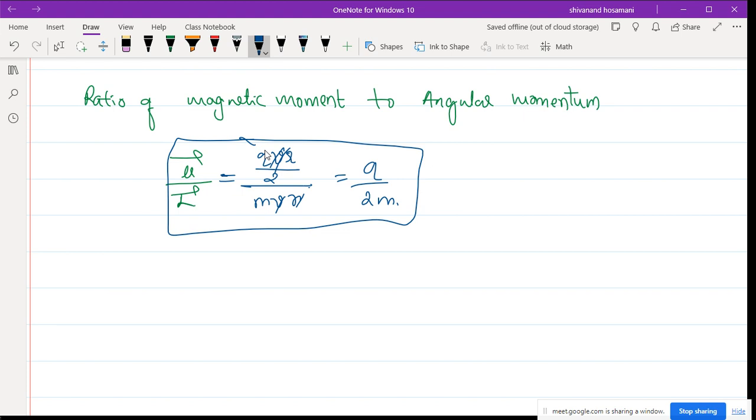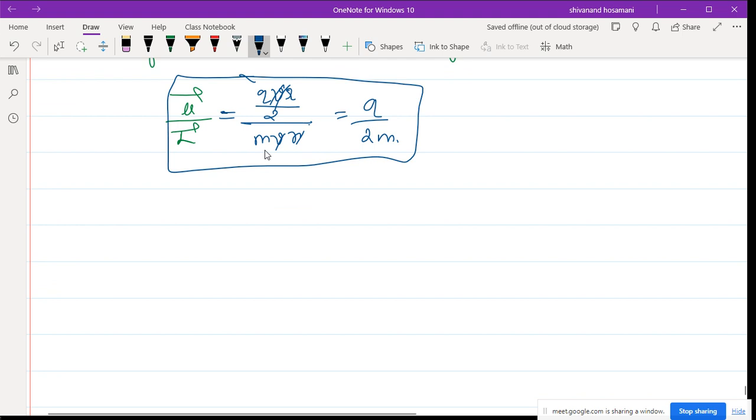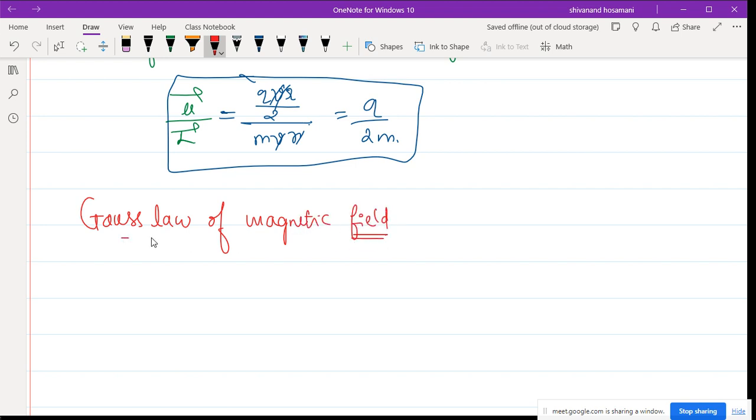Done with this? Then next, Gauss law of the magnetic field. So how do we define the Gauss law?